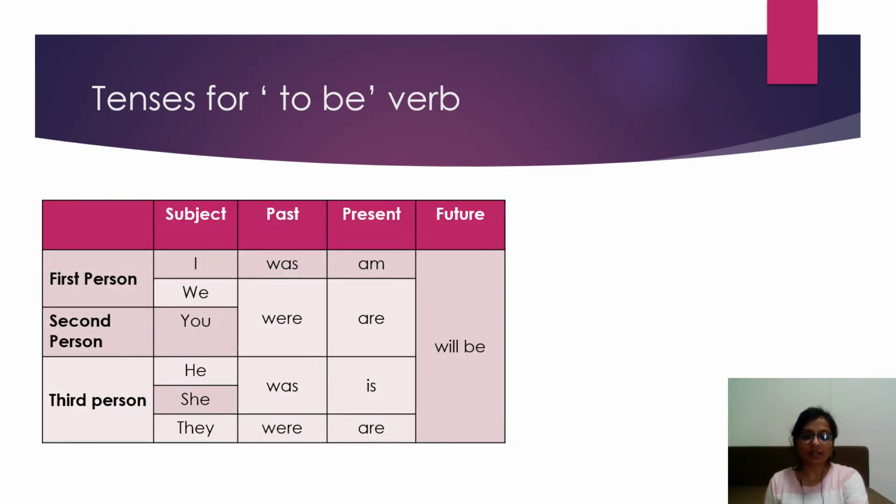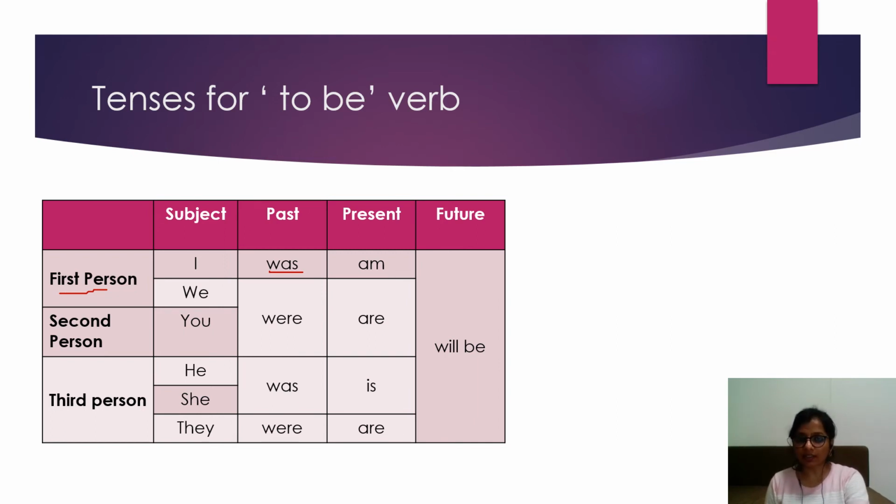Now, this table gives you an idea about which form of the verb to use based upon the tenses with respect to the point of view, the person that we are discussing. Suppose if it is first person and I am talking about myself, then for the past I will use I was doing something.